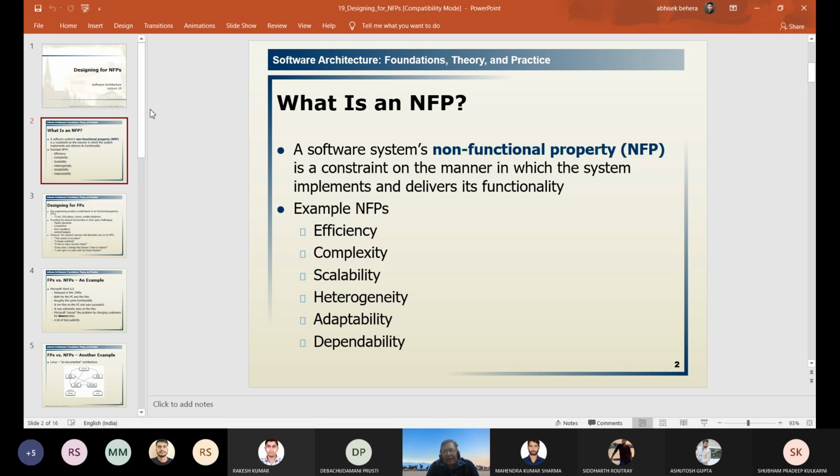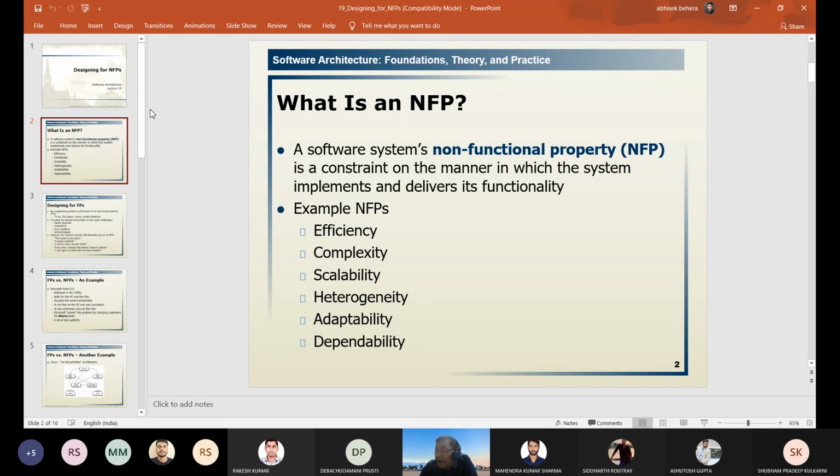Okay, before that, had I told you about the functional properties sometime? Deba, had I told? Yes, sir. Already told. Do you remember any time I had told the functional properties?